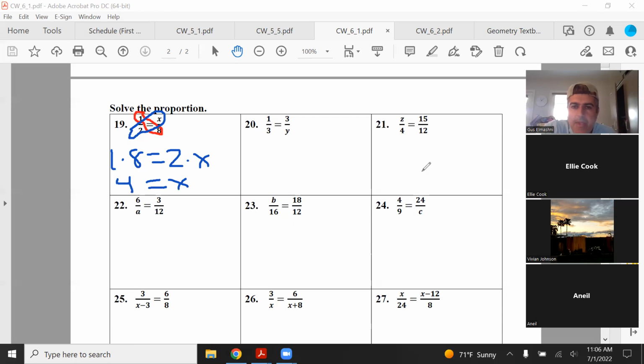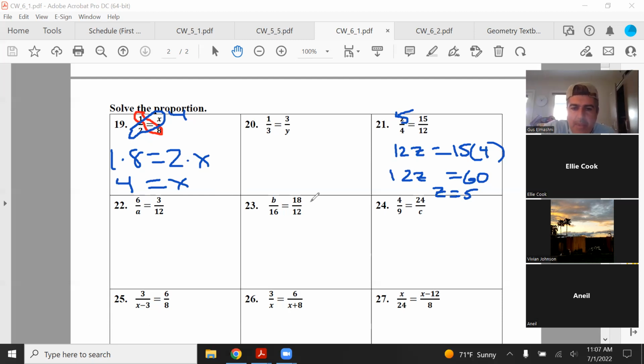Or for number 21, 12z equals 15 times 4, which I know is 60. So z is 5. And that would make sense because 5/4 is 15/12, where here, 1/2 is 4/8, right?